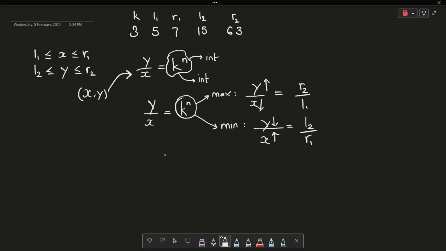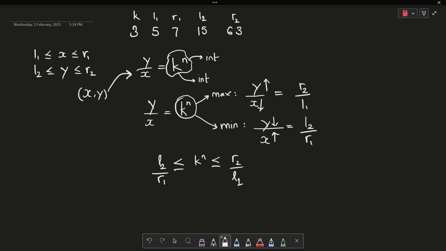So I can say one thing, that R2 by L1 will be less than or equal to k to the power n, will be less than or equal to... I'm sorry, I did it opposite. My L2 by R1 is less than or equal to k to the power n, which is less than or equal to R2 by L1. So this is the first thing that I have concluded.